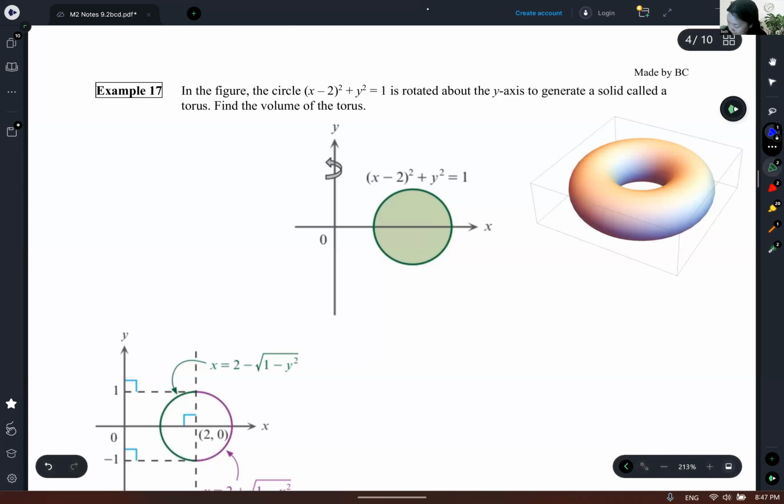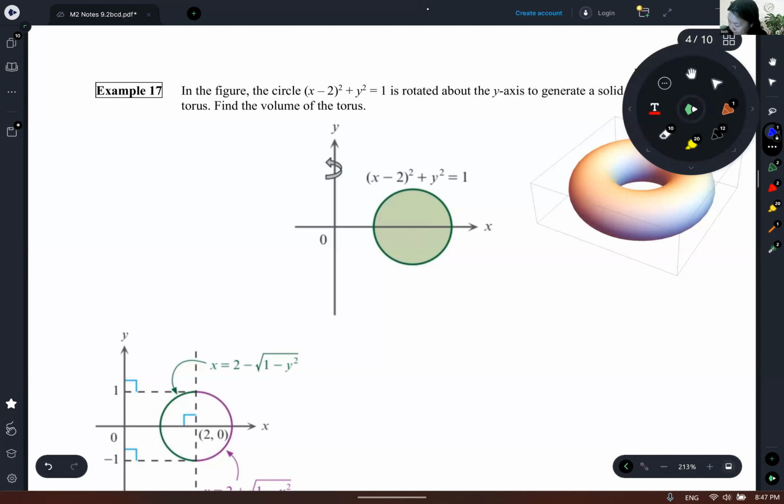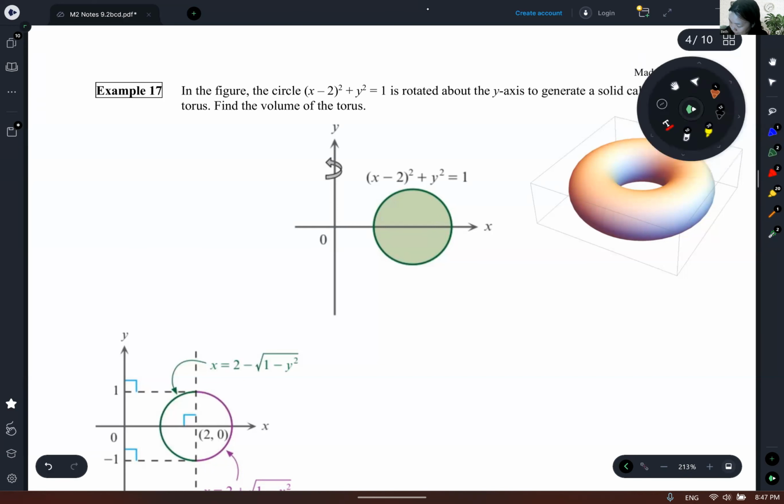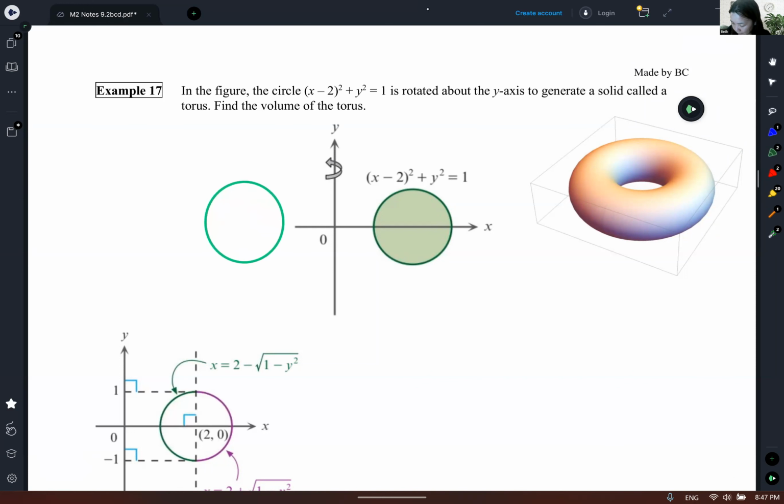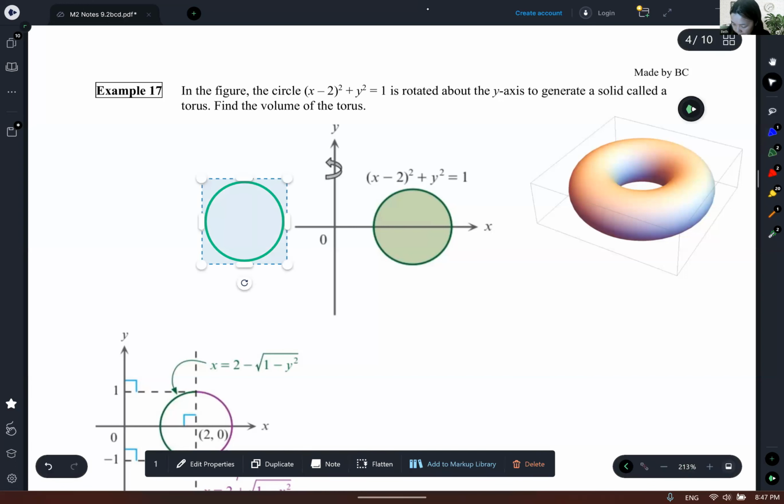Now let me try the illustration. Trying to draw.